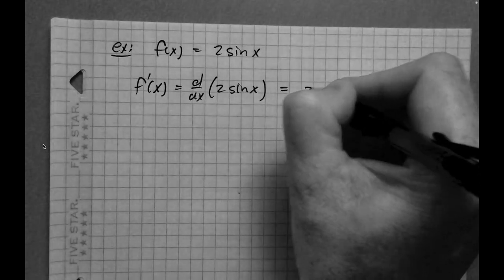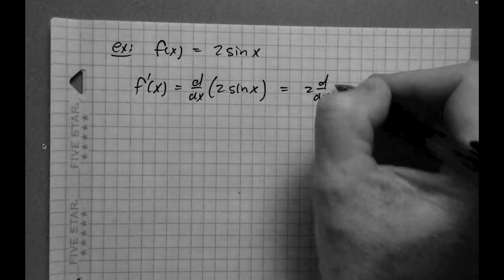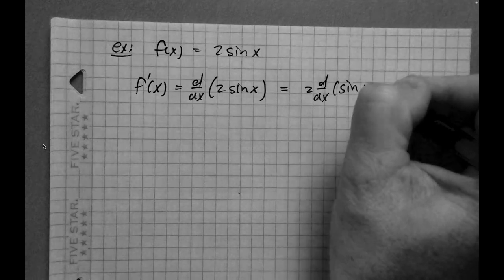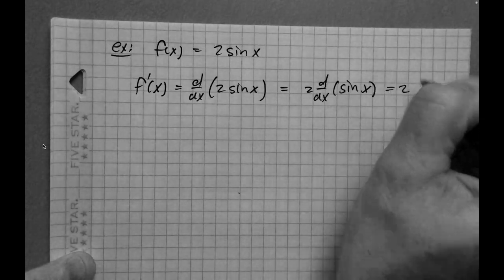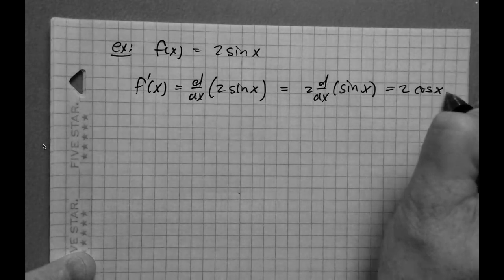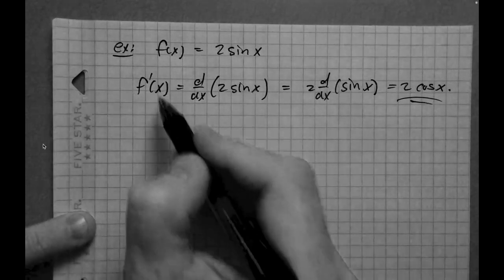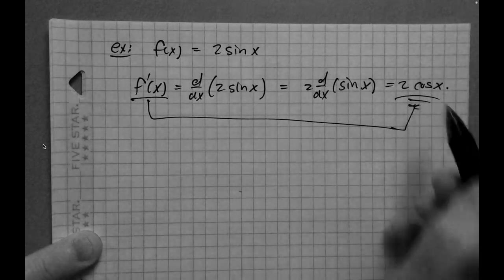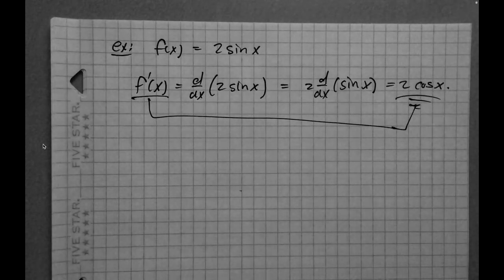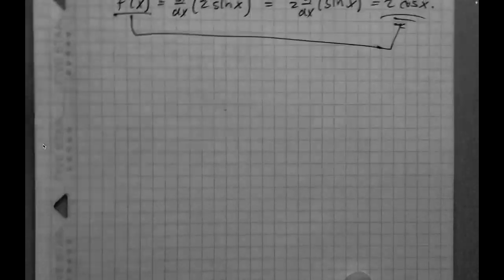And of course, again, I'm being very deliberate with my notation here. And that would be 2 times the cosine of x. That's what we just saw, isn't it? Now a problem like this, you might be able to start here and just jump right to the end. You might be able to look at that and say, oh, I see exactly how this is going to go. No problem.